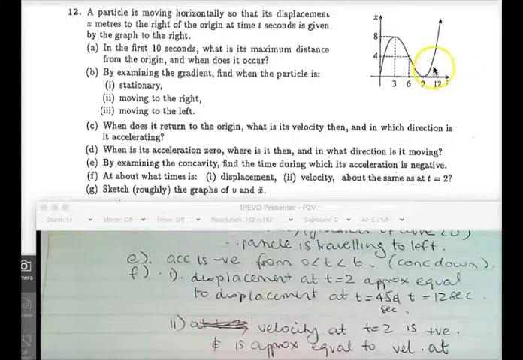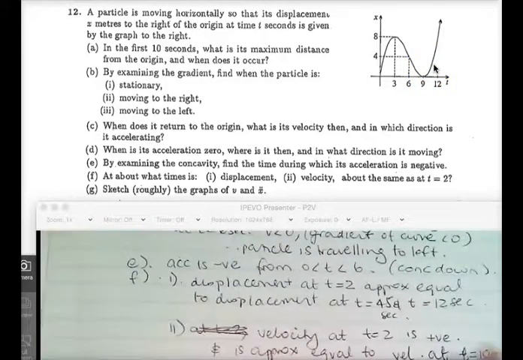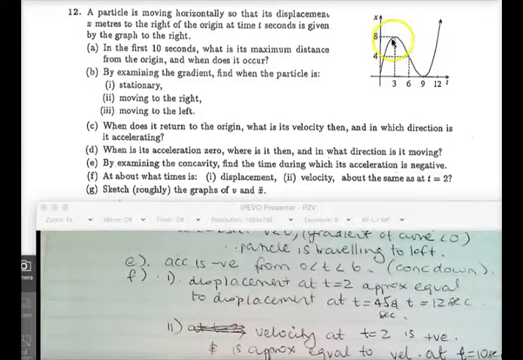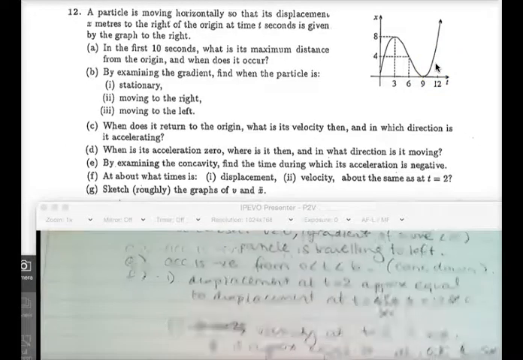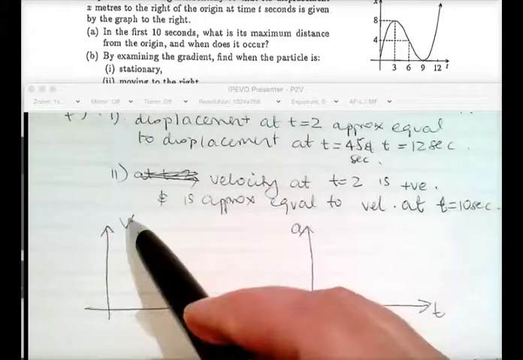I think it's about here at about t equals 10 maybe. So the velocity at t equals 2, you have to look at the tangent to the curve, is about the same as the velocity at t equals 10 seconds, because those gradients that I've just drawn are about the same. Okay, and that's F.